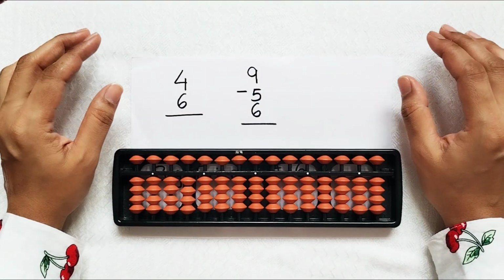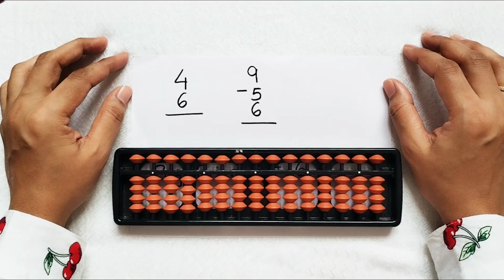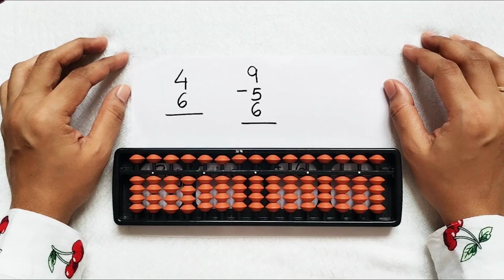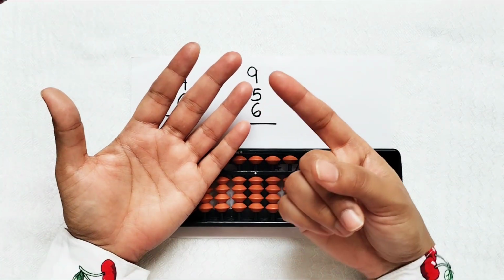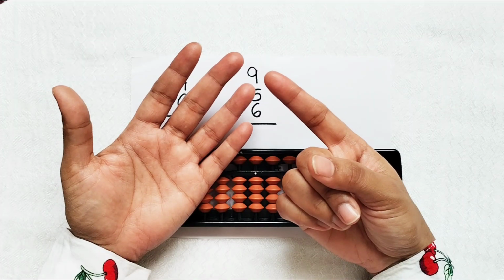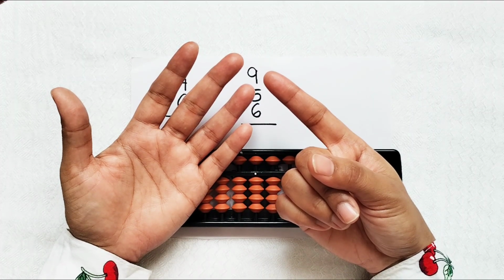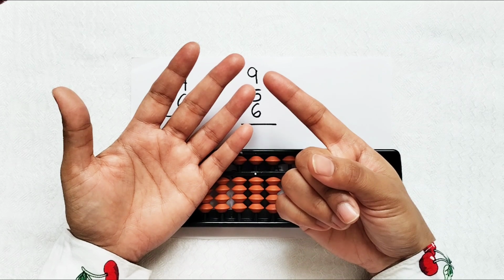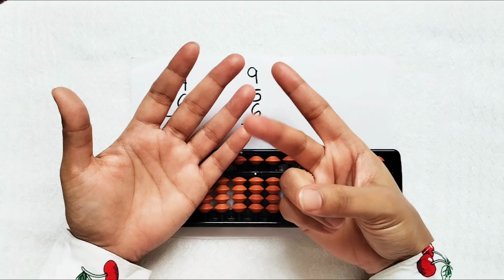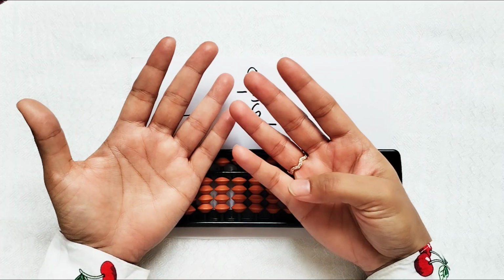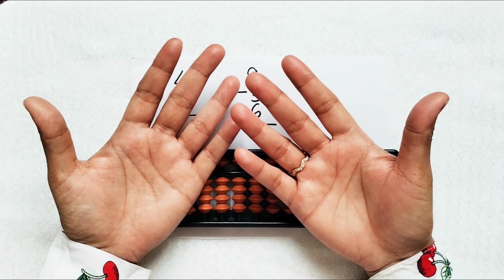First, let us find out who is the big friend of 6. Now here I have 6 fingers. How many more fingers do I need to make it 10? 1, 2, 3, 4.